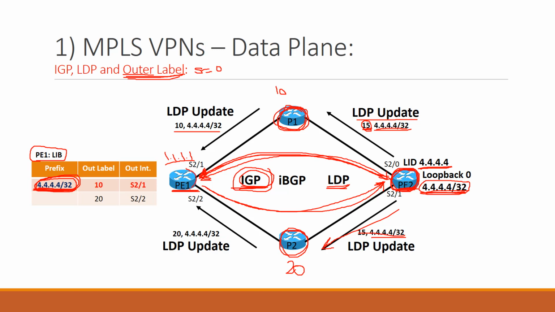Now BE1, provider edge 1, will receive 2 LDP updates for the same prefix with 2 labels. It will store these 2 labels in the label information base data structure and choose the best one of them based on the routing protocol, the IGP used inside the MPLS.